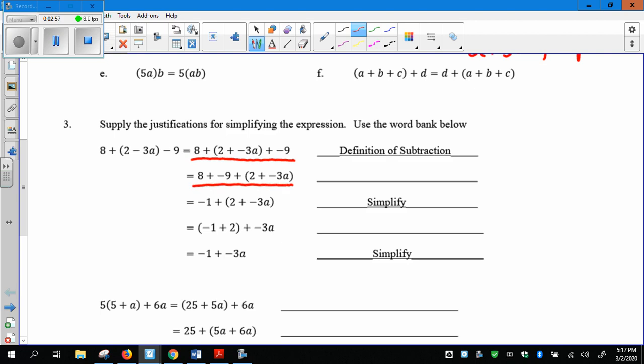How has it changed? Notice that the negative 9 is in a new spot, and then this thing in parentheses here also moved. They got switched places. So the parentheses aren't changed, but the order of the values have been changed. So that would be the commutative property.